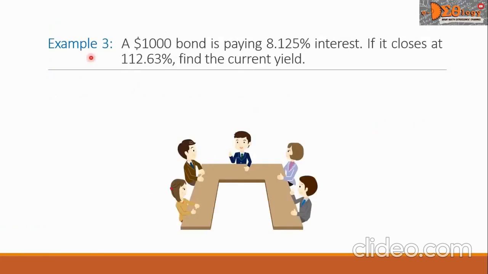Let us have example 3. A $1,000 bond is paying 8.125% interest. If it closes at 112.63%, find the current yield.